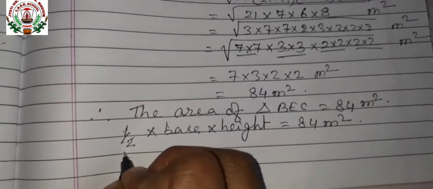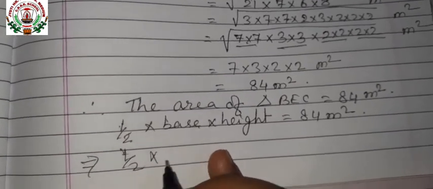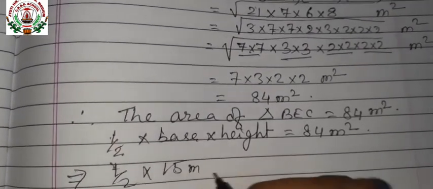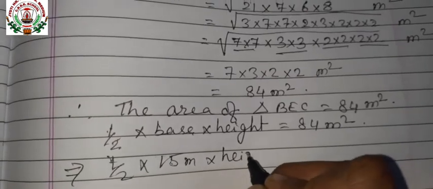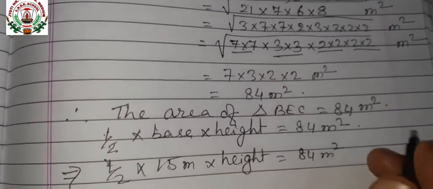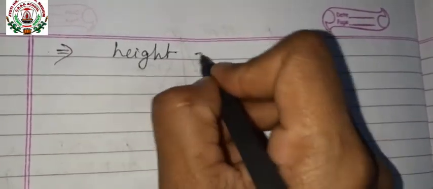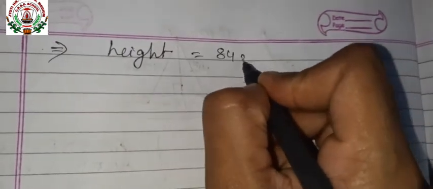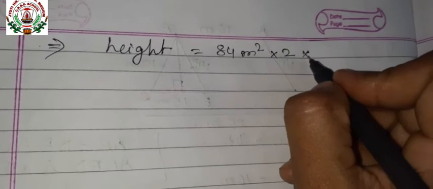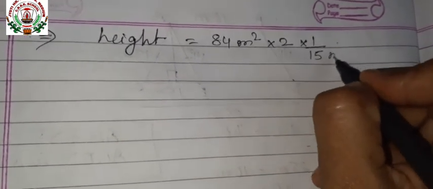Implies half into base 15 meter into height equals to 84 meter square. Implies height will be 84 meter square into 2 into 1 upon 15 meter.